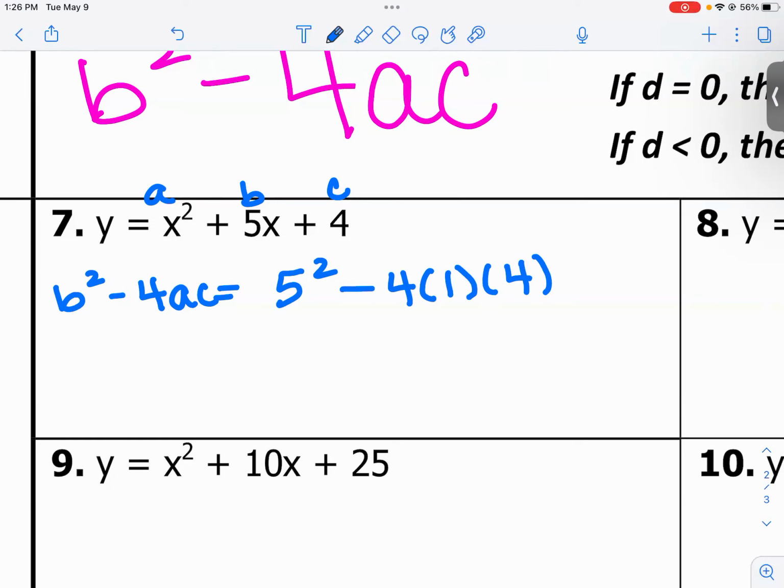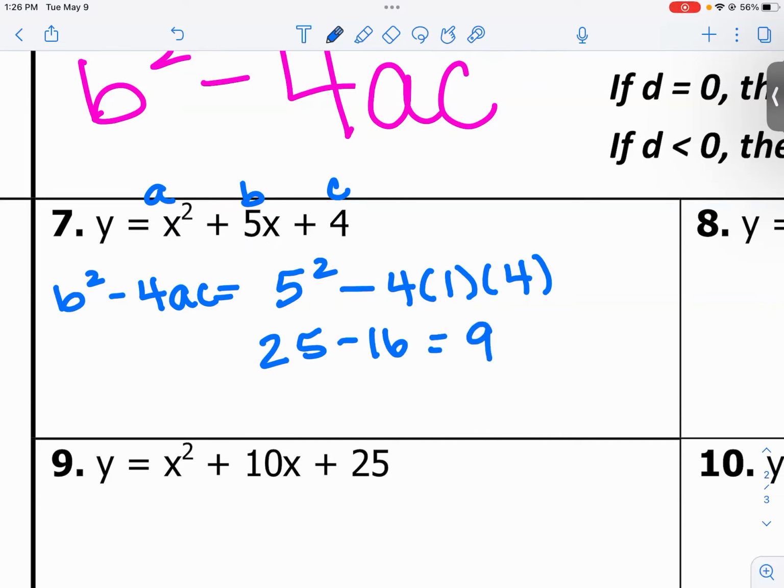B is 5, so that's how I got 5 squared. 4 is just a part of the formula. A is 1. C is 4. So we have 25 minus 16, which is 9.